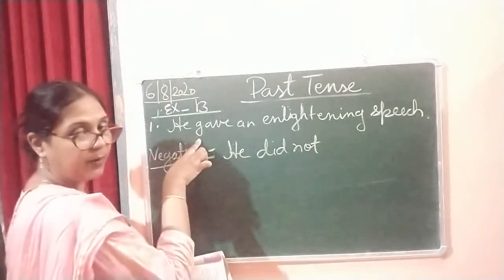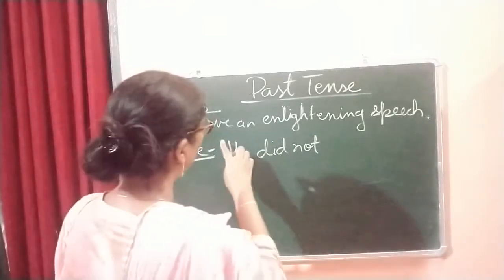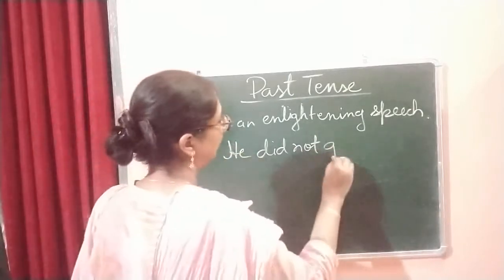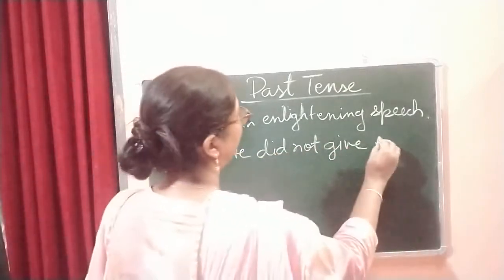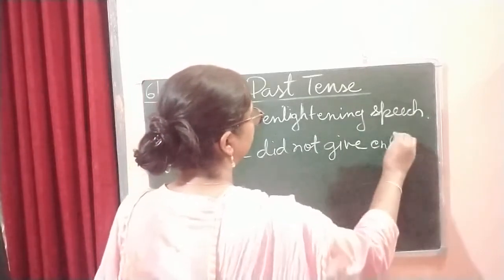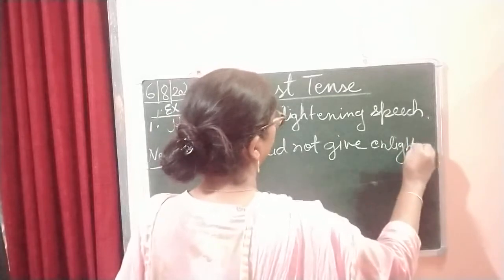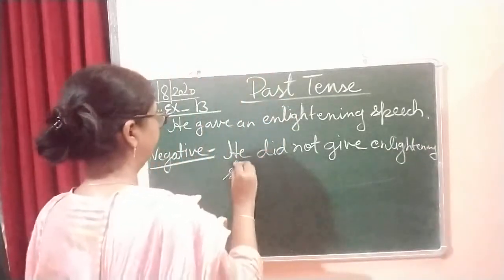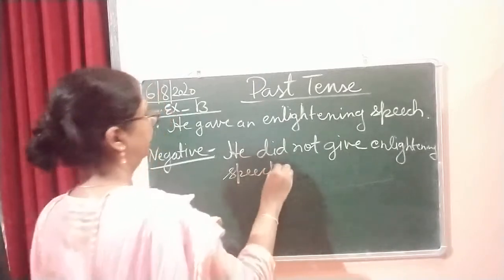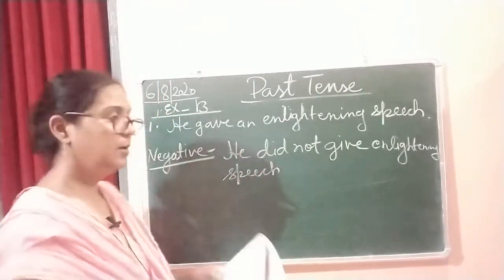It is written over here gave, so now we are going to use the base form of gave, which is give. He did not give an enlightening speech.